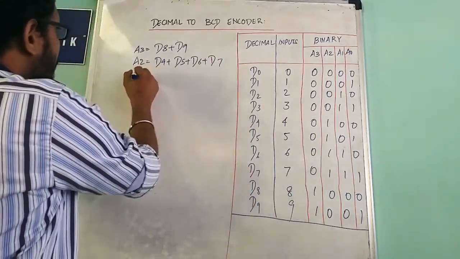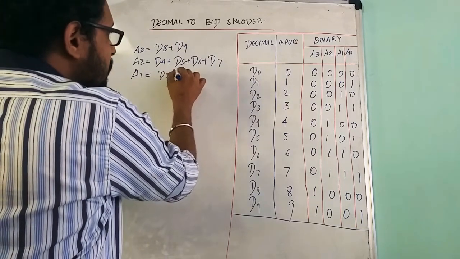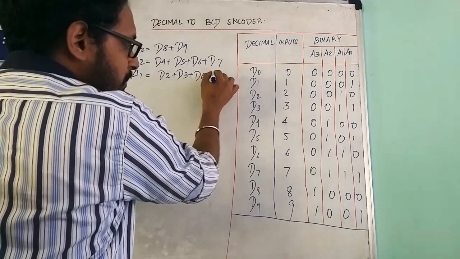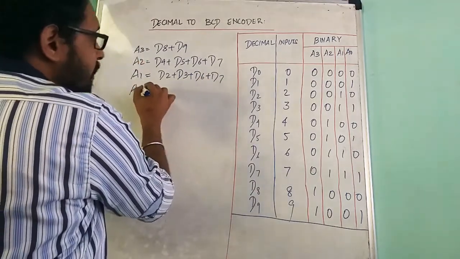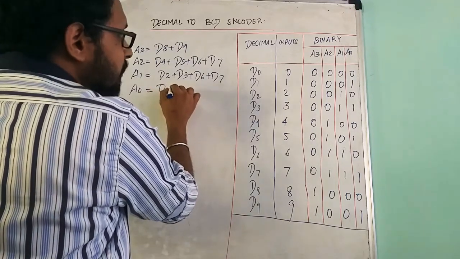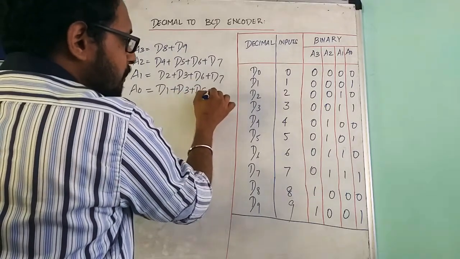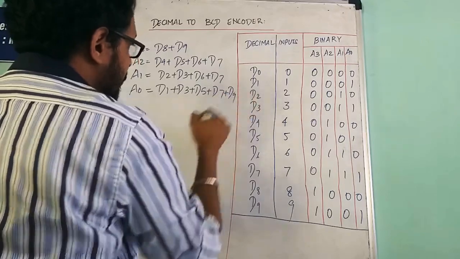A1 is equal to D2 plus D3 plus D6 plus D7. A0 is equal to D1 plus D3 plus D5 plus D7 plus D9.